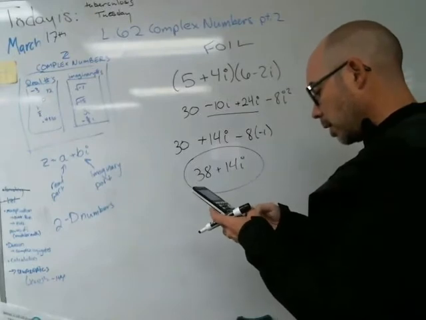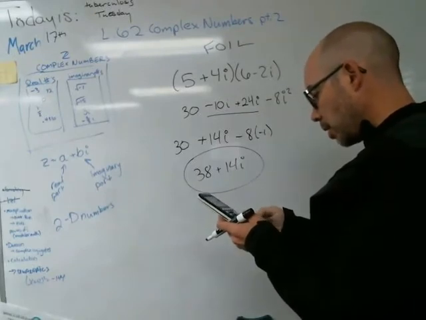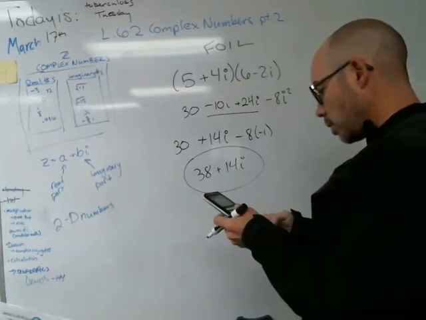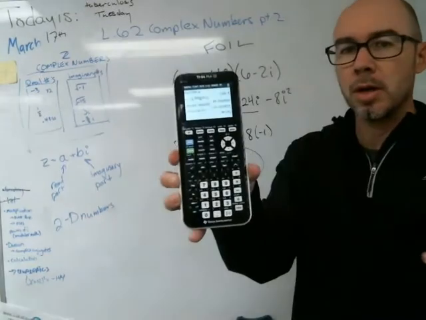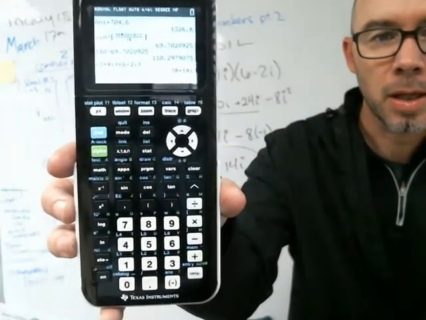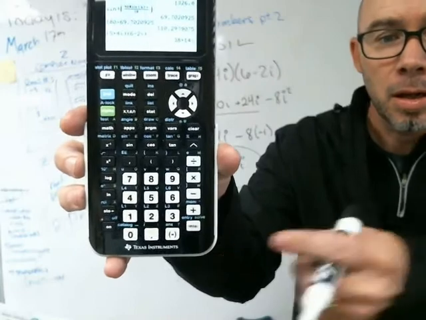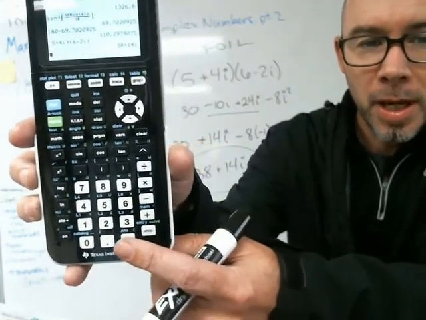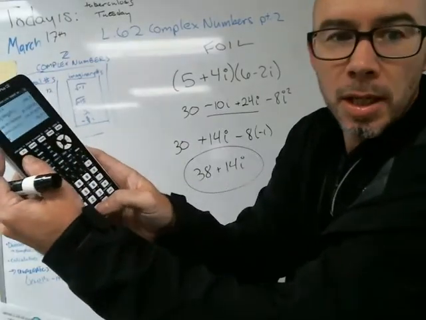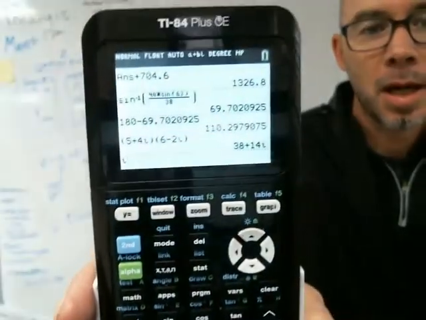Now I'm just going to double check this on my calculator. 6 minus 2i in parentheses, and I get my answer 38 plus 14i. Where's the i on here? Down here. You got to use your blue button. Second button, it's above the decimal point. So watch. Second dot makes i.